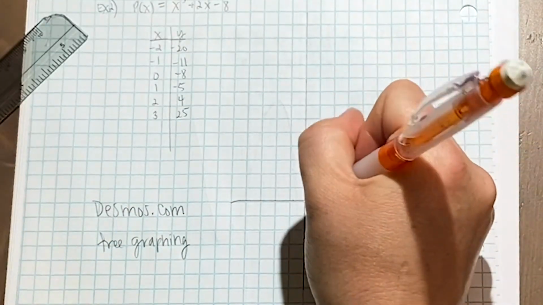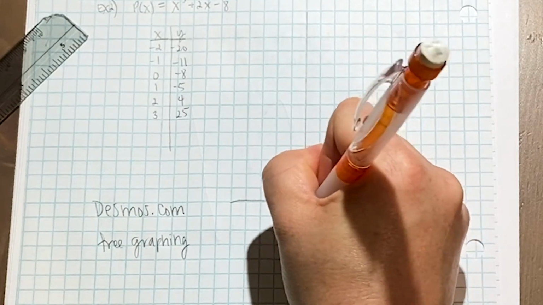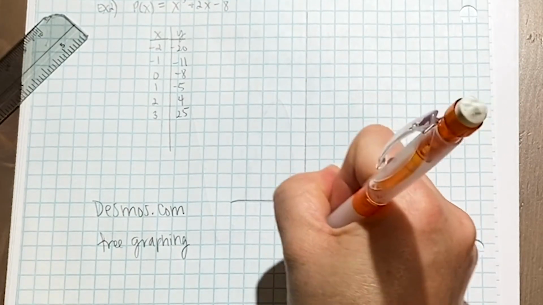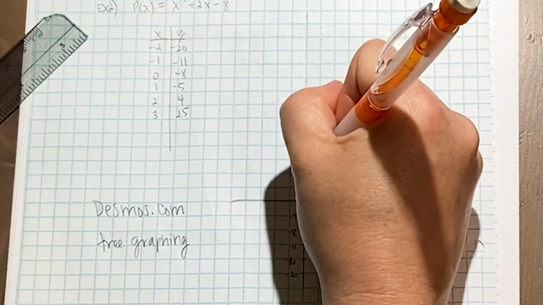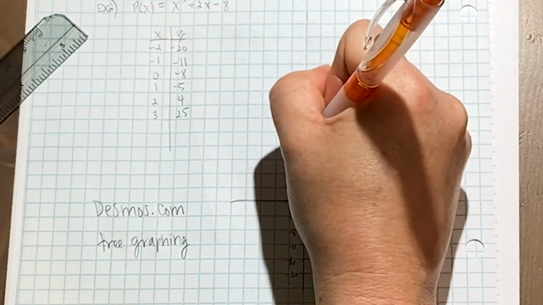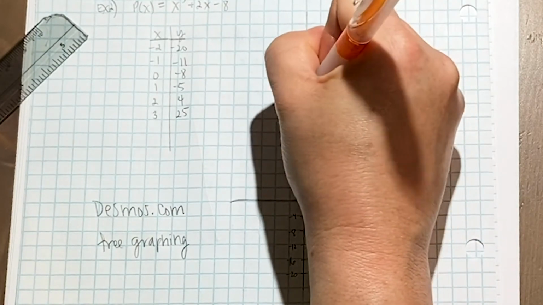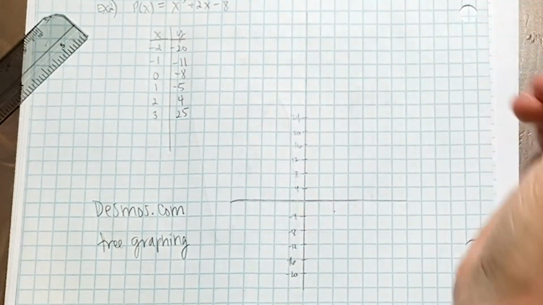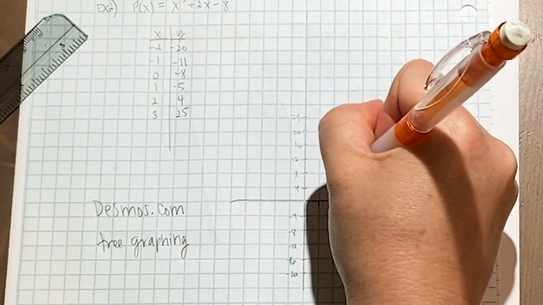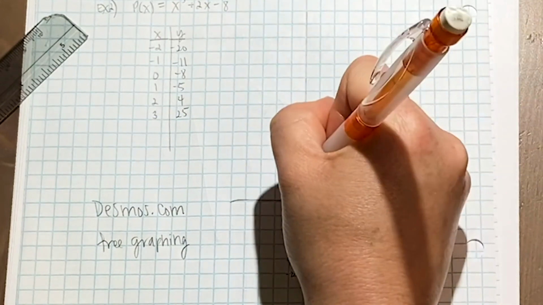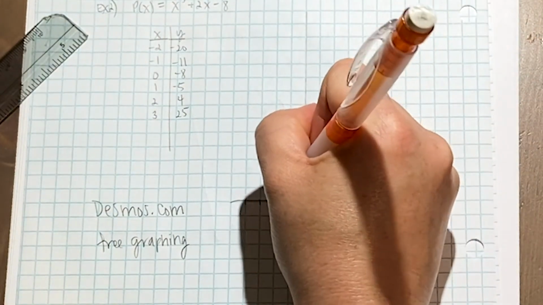All right, we've got -4, -8, -12, -16, -20. Then we're going to go up +4, 8, 12, 16, 20, and 24. On my x-axis, I'm going to go by 1s. So that's 1, and that's -1.